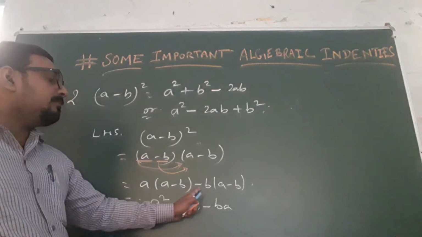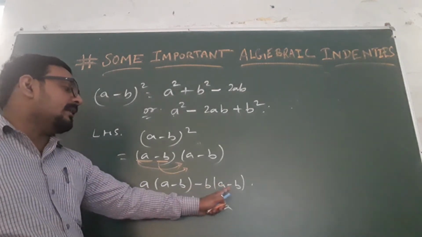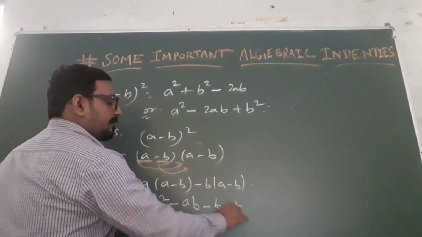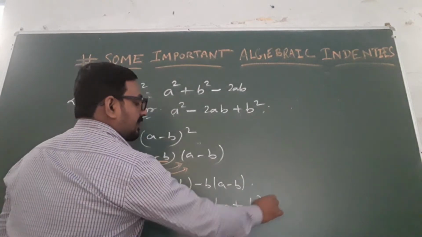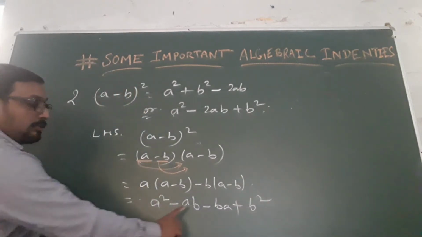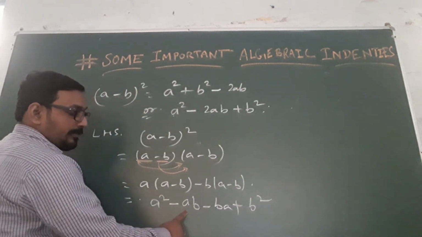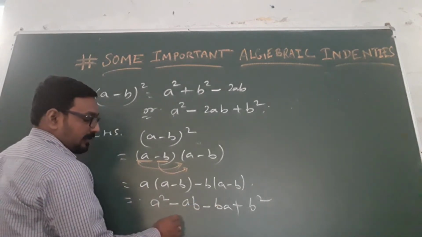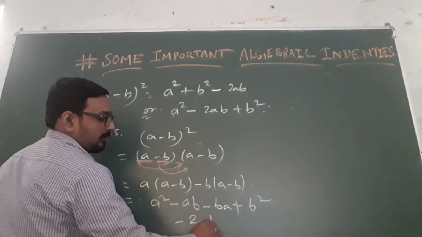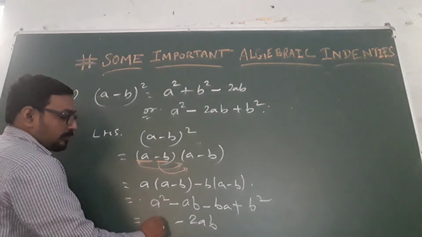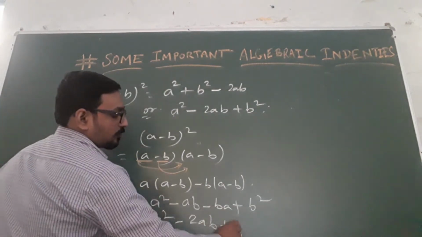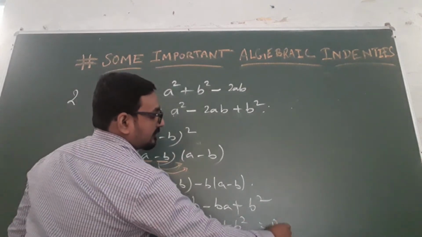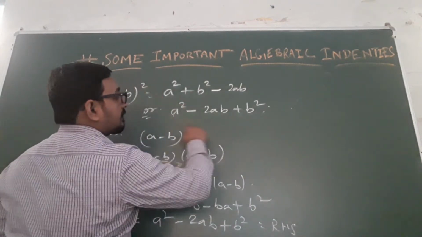And minus b multiplied with minus b: first of all the sign, minus minus is plus, and b multiplied with b becomes b square. These two are like terms, ab, ab, minus 1ab minus 1ab becomes minus 2ab. Now here is a square and here is plus b square. This is your RHS.